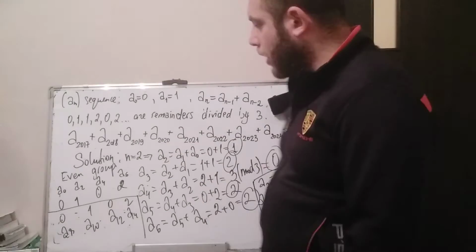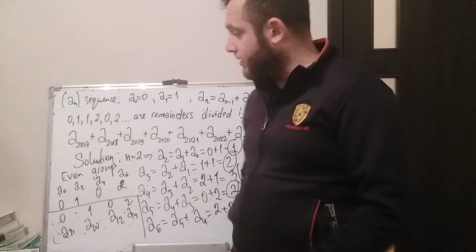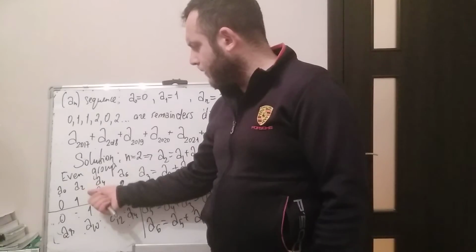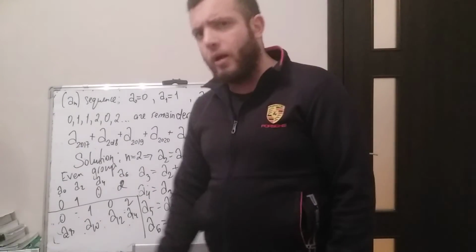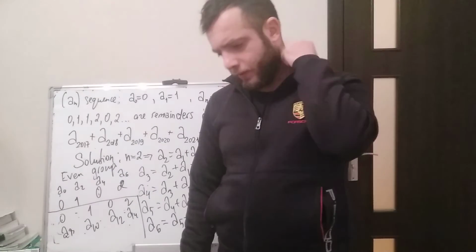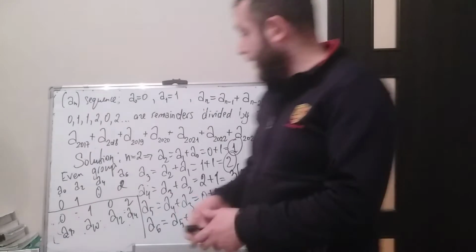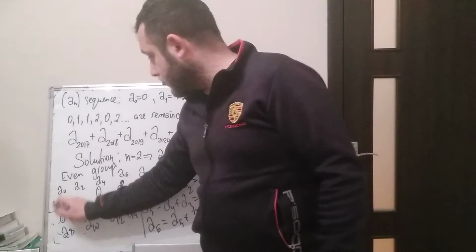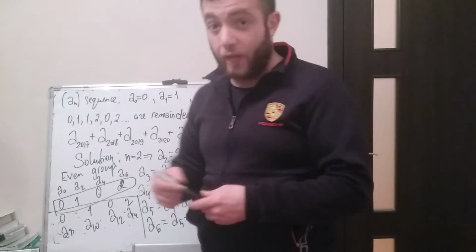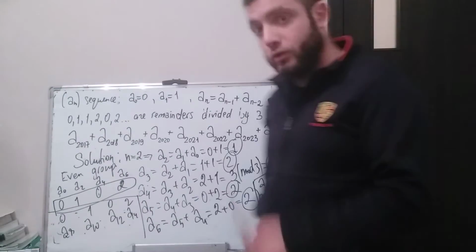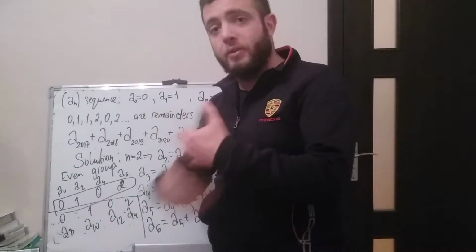So here's our pattern for even number terms: 0, 1, 0, 2. Every 4 terms, the even index terms will be repeated.